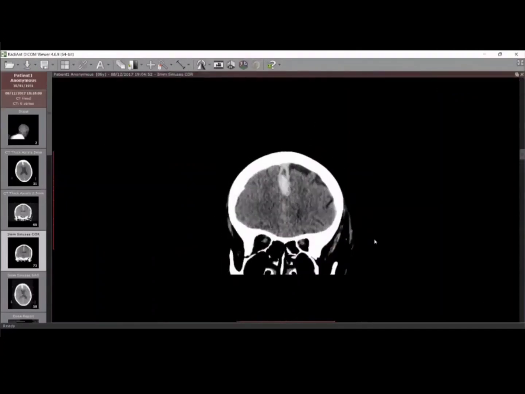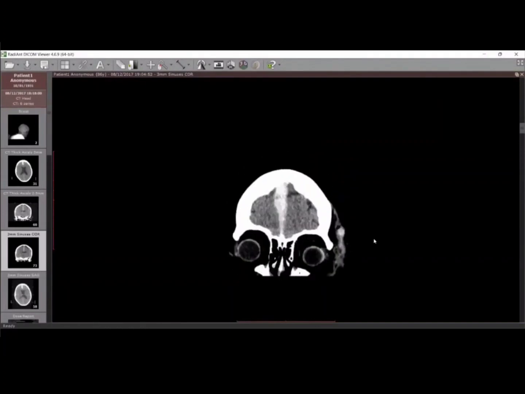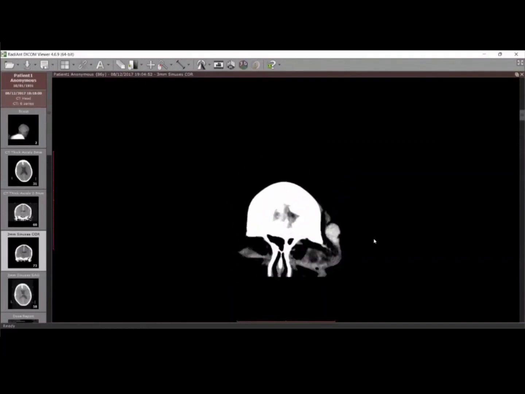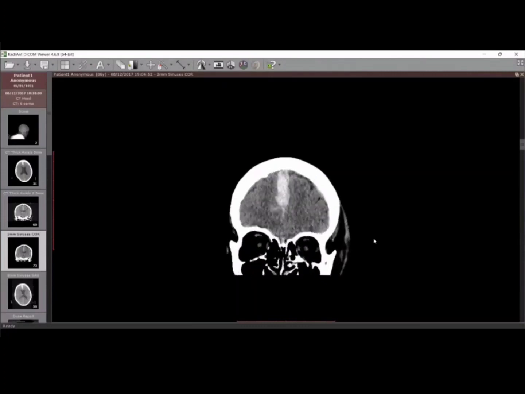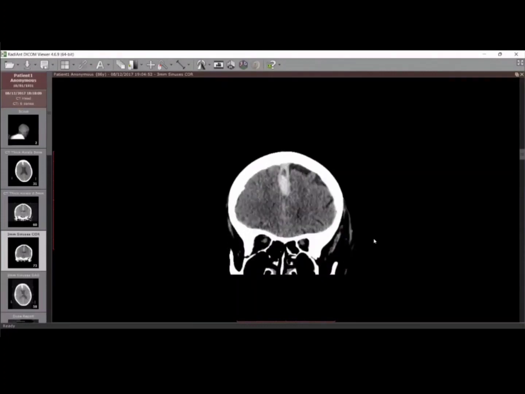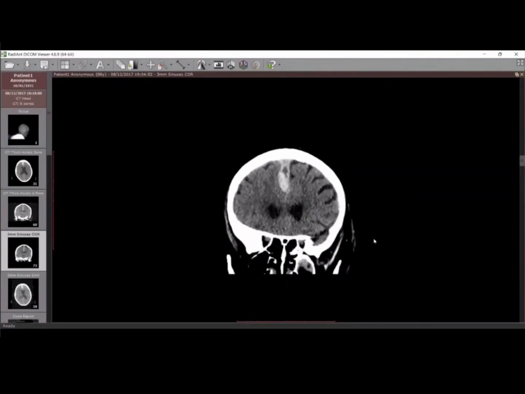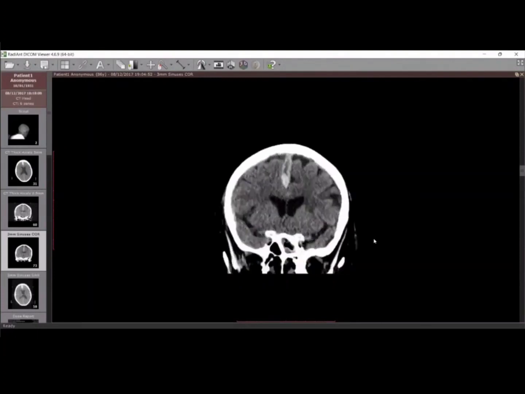Okay, so these are the coronal images of the same patient. So again, I see this midline, and it has a propensity towards the right side.